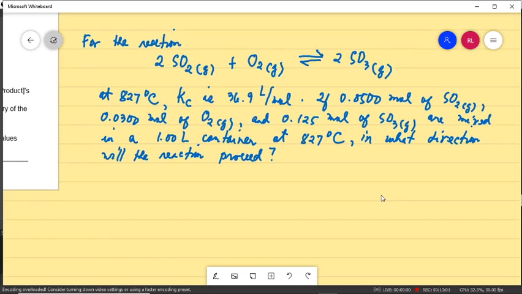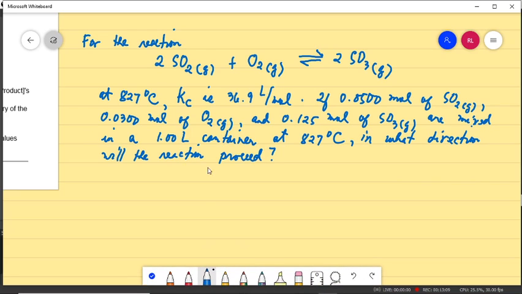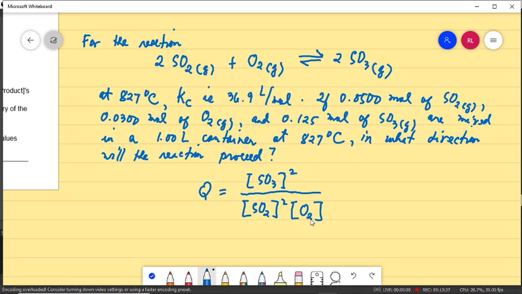Okay, so first we're going to write the expression. So you have Q is equal to concentration of sulfur trioxide raised to the power of 2 over the concentration of sulfur dioxide raised to the power of 2 times the concentration of oxygen gas.